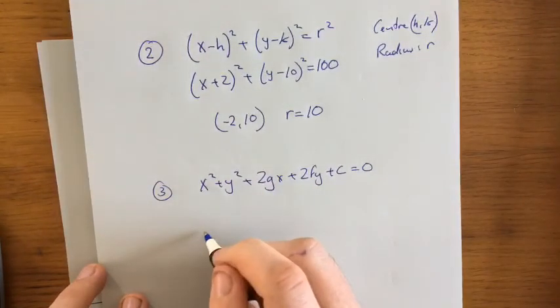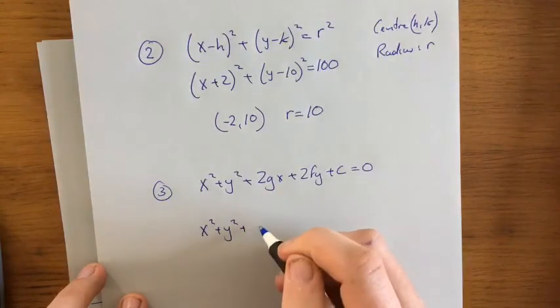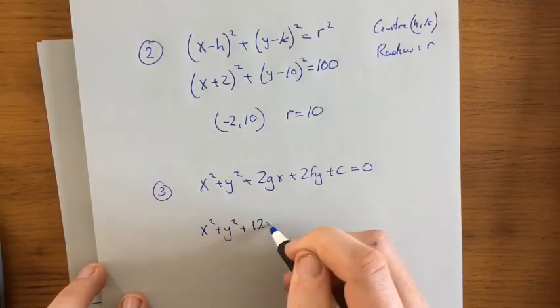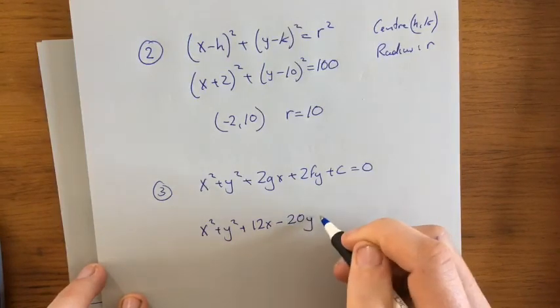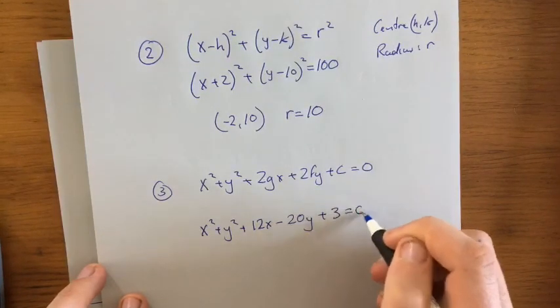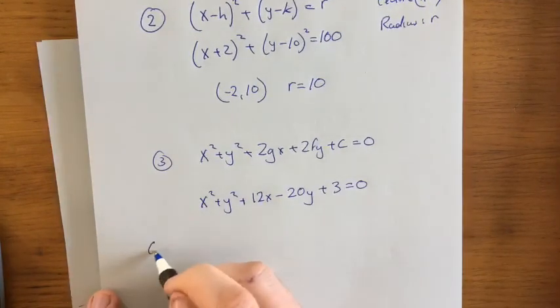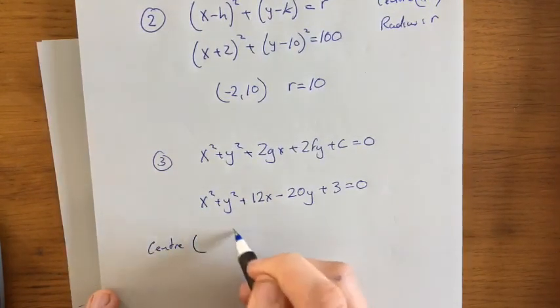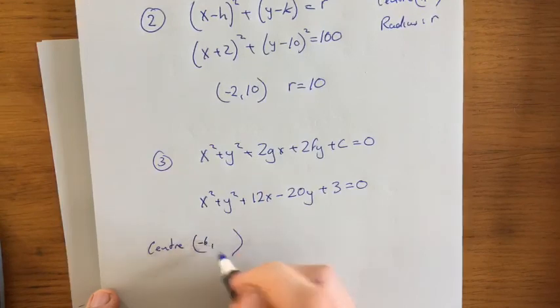As an example, if we had one here, x squared plus y squared plus 12x minus 20y plus 3 is equal to 0. So if you were given one like that, if you want to find the center, as I just said, you get this number here, you halve it, and you change the sign. So that would be minus 6.